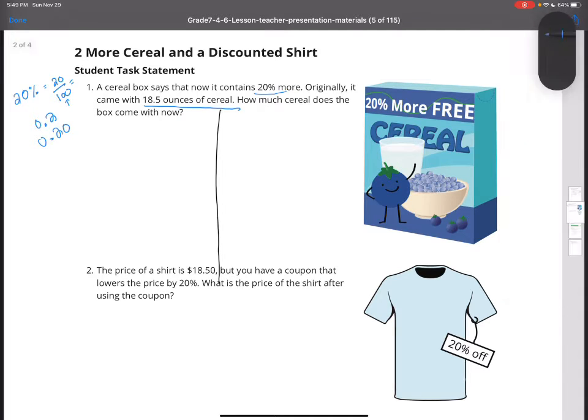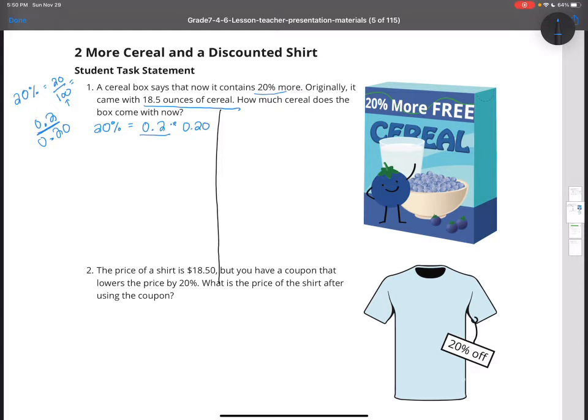I want to multiply it by its decimal value. Remember, percentages just represent something. It's not the number. So I'm going to put this at the top so you guys can remember this represents 0.2, or you could put 0.20. I'll be using 0.2, because I don't need the extra 0.